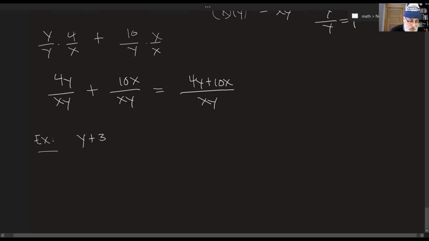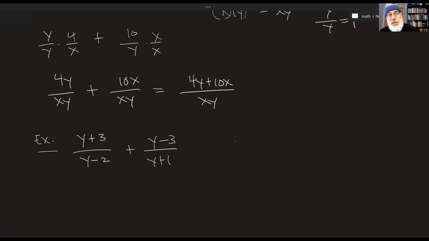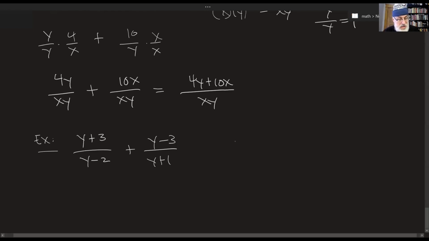Let's mix a variable in here. So let's say we have y plus 3 divided by y minus 2, and let's say we want to add that to y minus 3 over y plus 1. What we've been doing essentially, in the previous example, that was a common denominator, but it's also the least common denominator, meaning I'm not having extraneous terms in there.